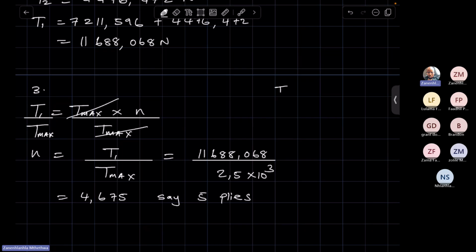If so, to get T1, T1 is equal to Tmax, and then Tmax is the maximum allowable stress times the area. The area of a flat belt is width times thickness. So don't be thrown off by the approximation.